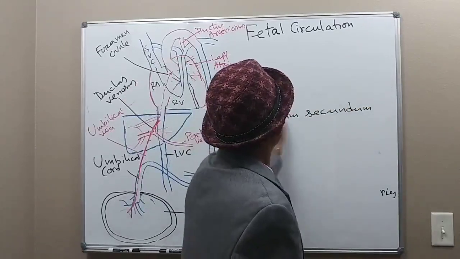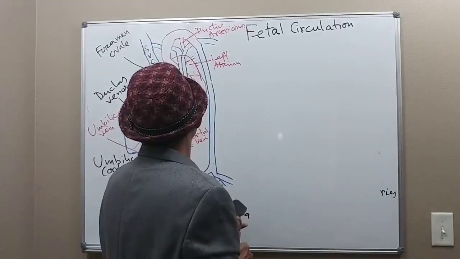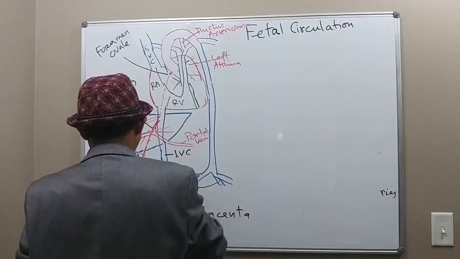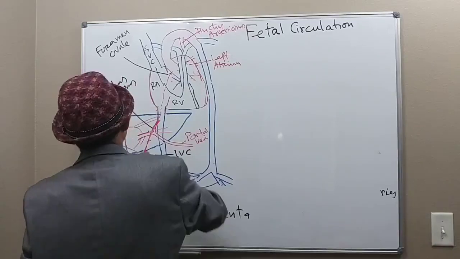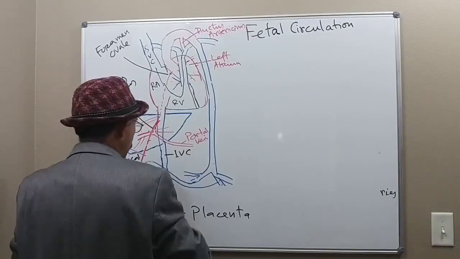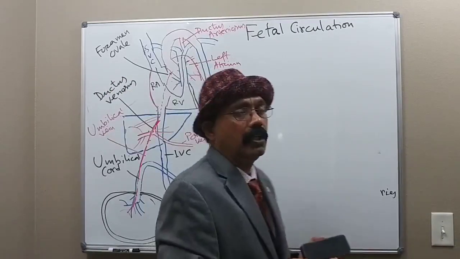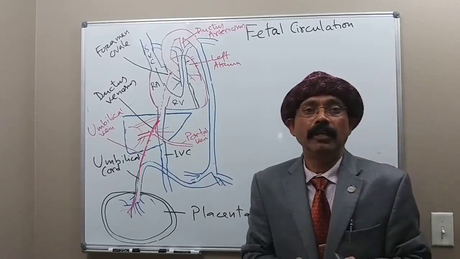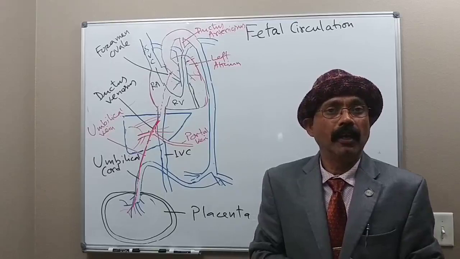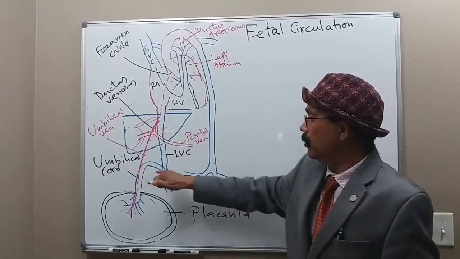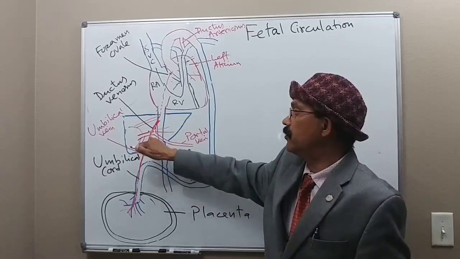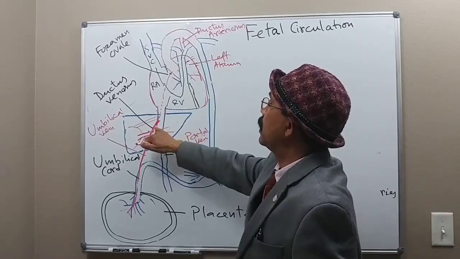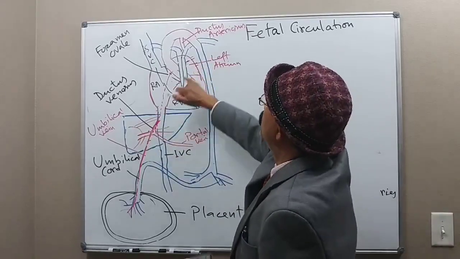Then we also discussed the ductus venosus. Ductus venosus connects the left branch of the portal vein to the inferior vena cava. It also receives the left umbilical vein, only one umbilical vein here, that is connected here. So this is the ductus venosus.